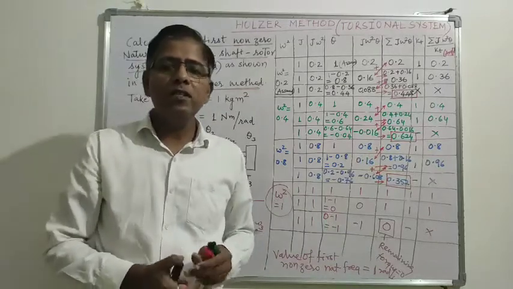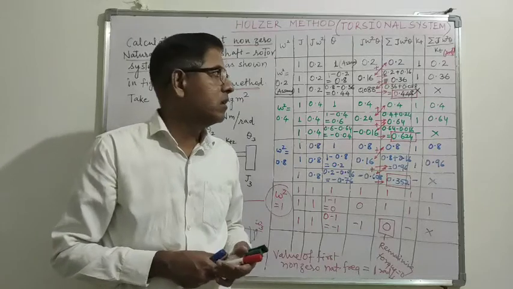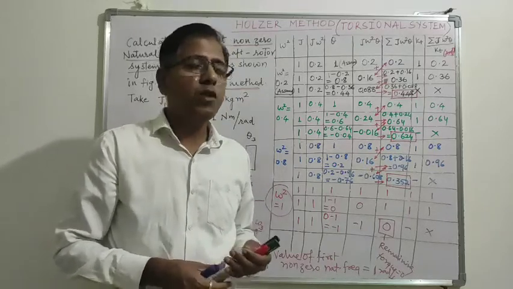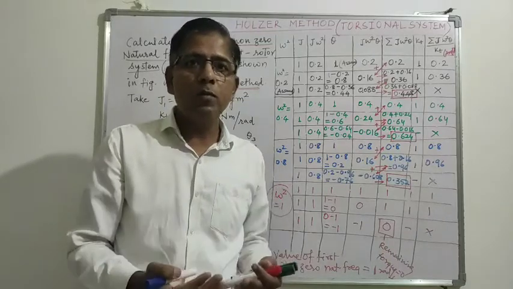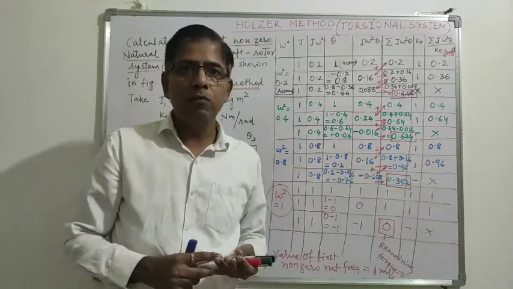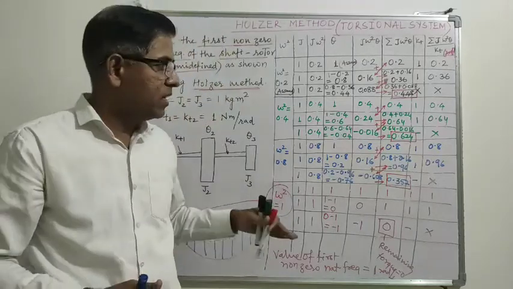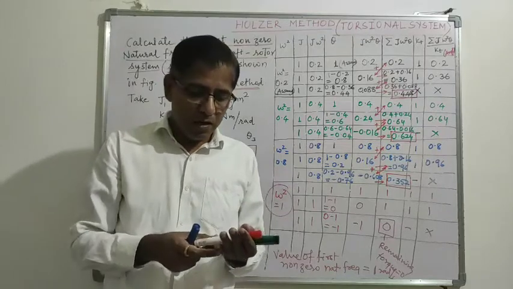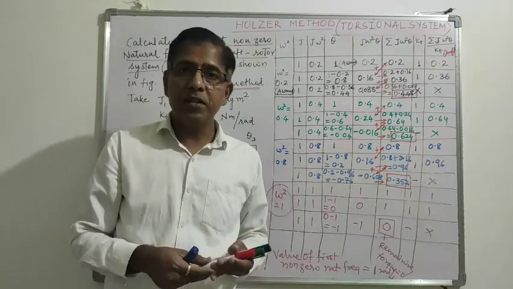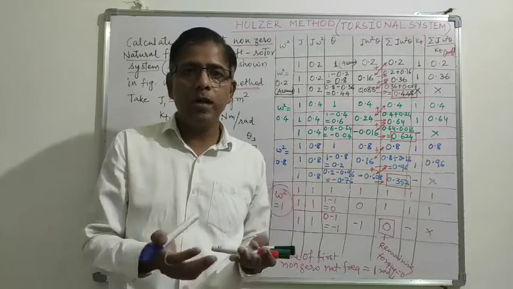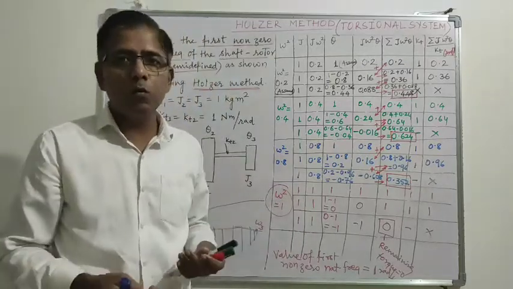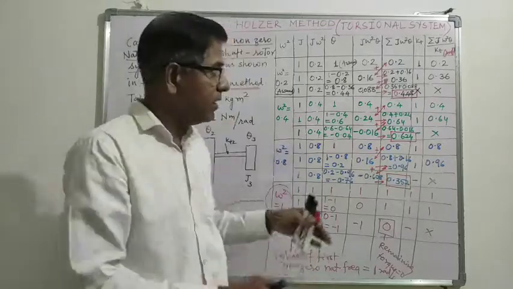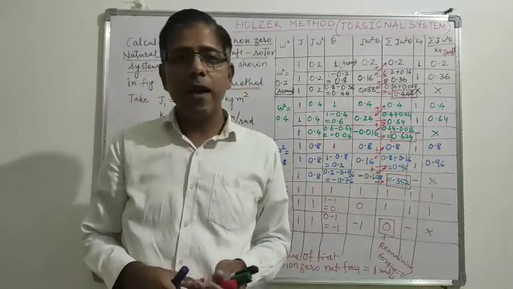So basically this Holzer method is very laborious for manual calculation, but if you are using a computer program or algorithm for finding the natural frequencies, then it is more suitable. So the Holzer method is basically suitable for computational algorithms, rather than calculating the natural frequencies manually.